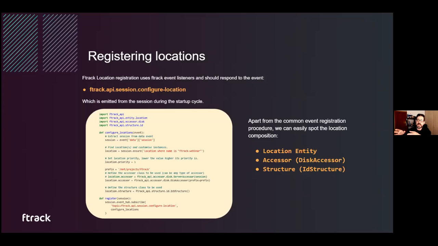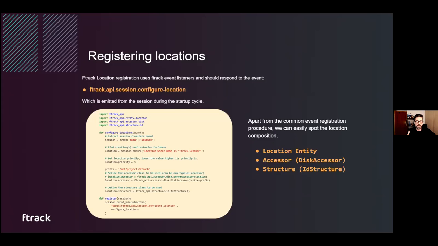And this is my storage, basically, the root of where I want to start publishing my files. But how I'm going to publish my files, that's up to the structure itself, which gets initialized right after. So location.accessor will pick up the accessor, location.structure will pick up the structure. At this point, the location will be registered and available to use.